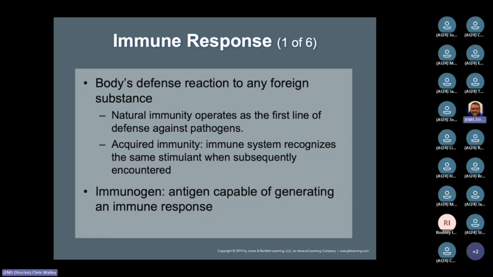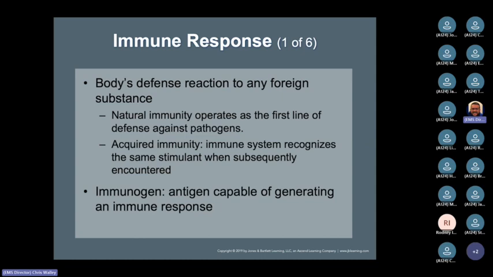Natural or native immunity is a non-specific cellular and humoral response that operates as the first line of defense against pathogens. With acquired immunity, the immune system will recognize the same stimulant when it is subsequently encountered. Passively acquired immunity is the receipt of preformed antibodies to fight a previous infection.